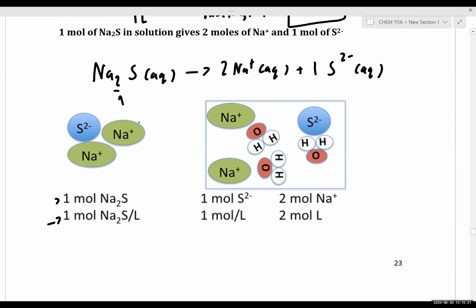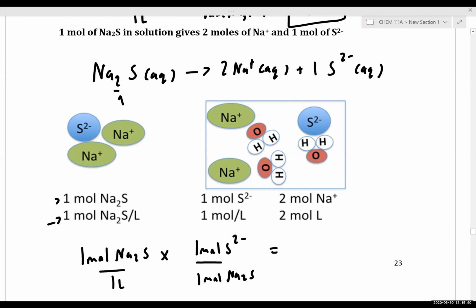So in solution, however, this sodium sulfide breaks down into its ions. So if we have 1 mole of sodium sulfide per every 1 liter, we know that we have 1 mole of sulfide per every 1 mole of sodium sulfide. So we have 1 mole of sulfide per every 1 liter.